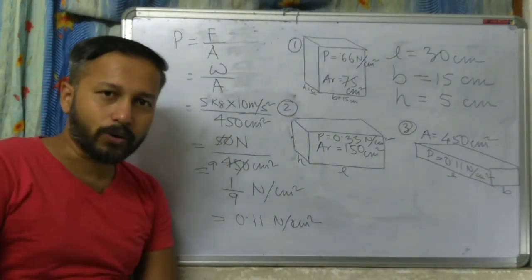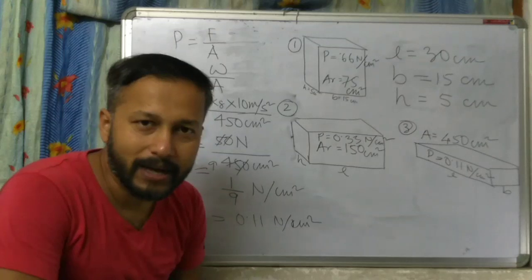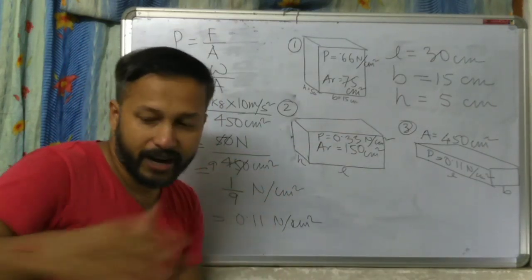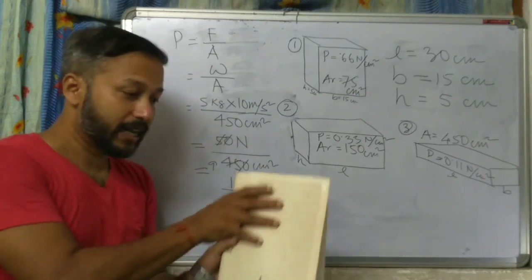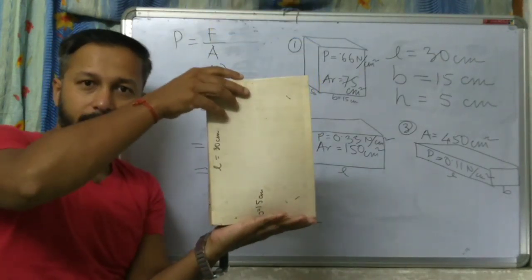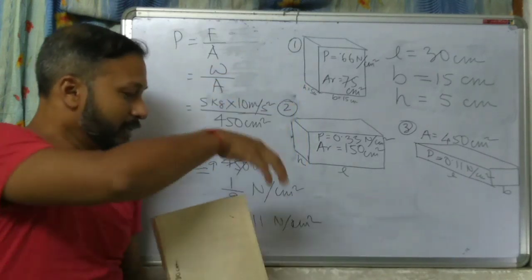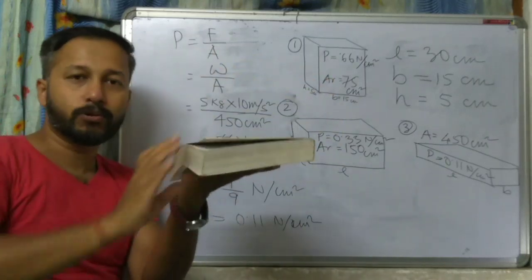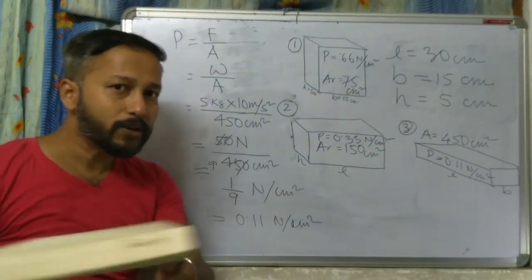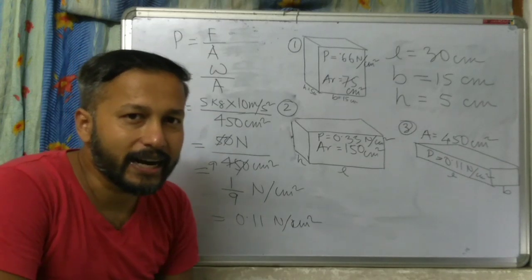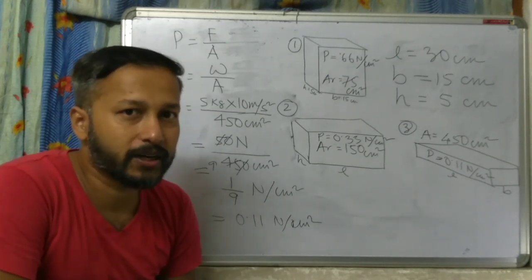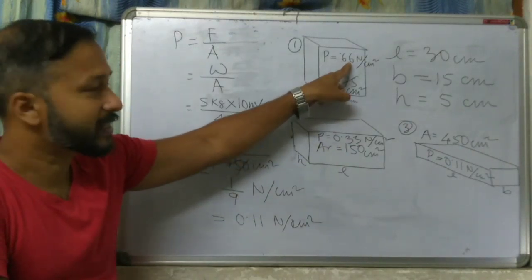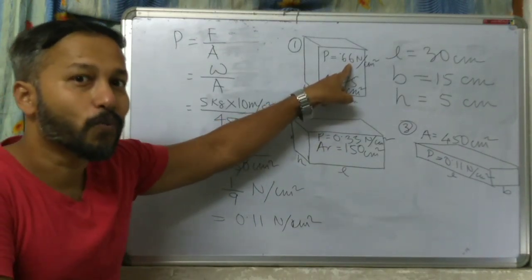So we have taken out the pressure exerted by the same book when placed in different ways. First I placed the book this way, then this way, and then this way. Fine. So in which case are you getting maximum pressure? We are getting maximum pressure here, 0.66. Why?